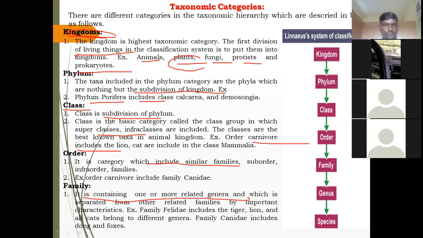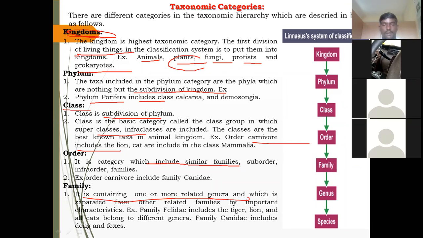We call it division of closely related, our close relatives or close family members, who are closely related families, showing similar characteristics. These animals are kept in family groups. For example, family Felidae includes the tigers, lion, and all the cats belonging to different genera.